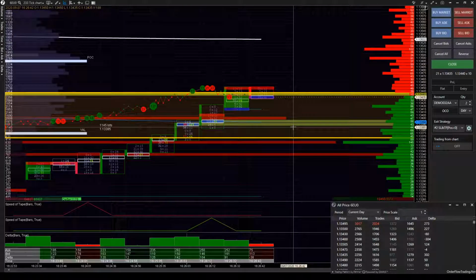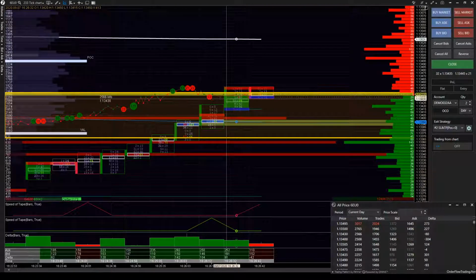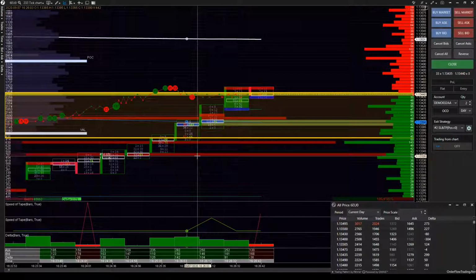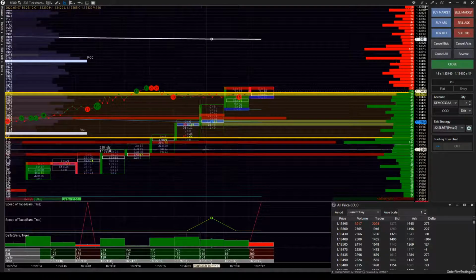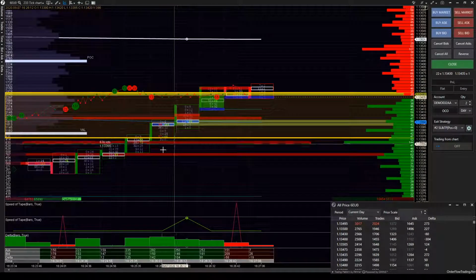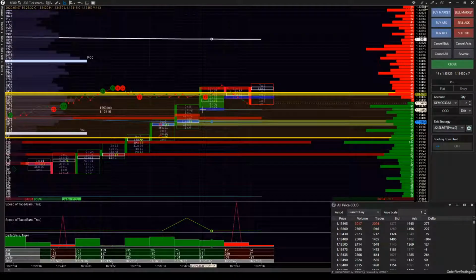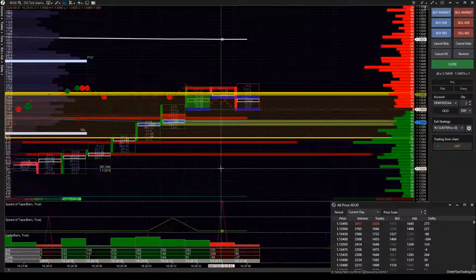That's how order flow can help you in your trading, because you can see everything that's going on. All you need is to know how to interpret that. I know it's not that simple, but with practice and time, you can take a lot of advantage of this technology.